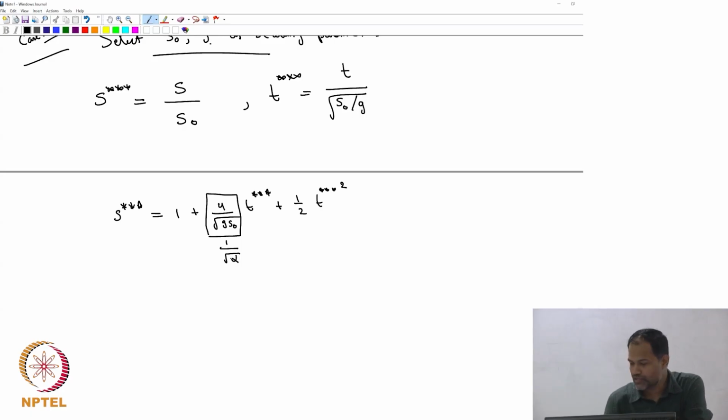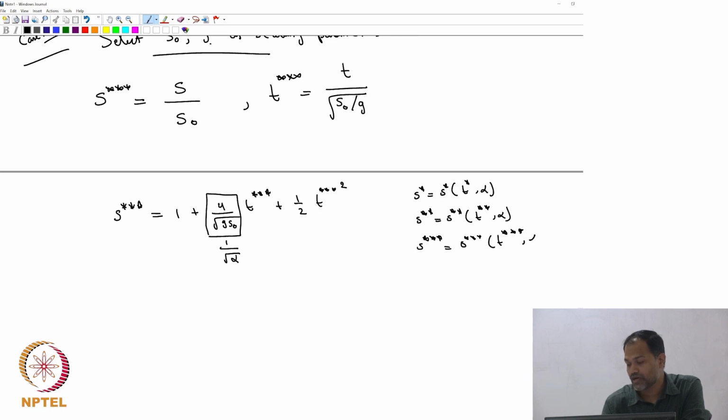Okay, in all cases, so in the first case we found S star is a function of T star comma alpha. The second case we found S double star as a function of T double star comma alpha. Third case we found S triple star as a function of T triple star comma alpha.